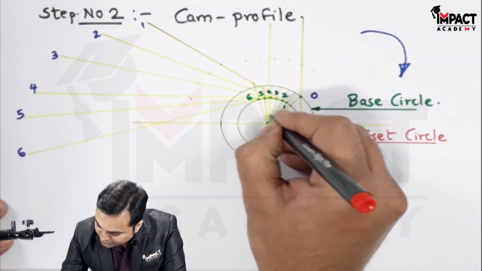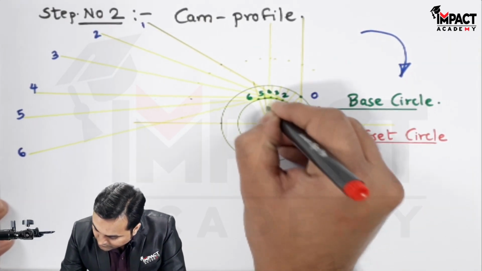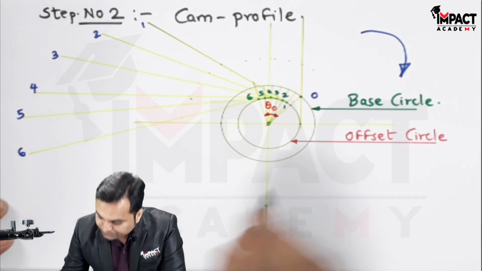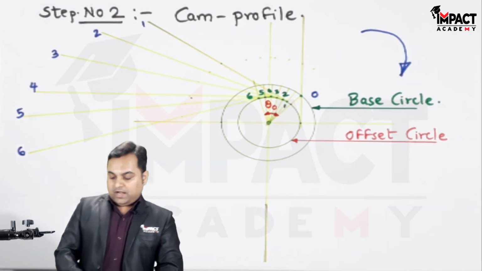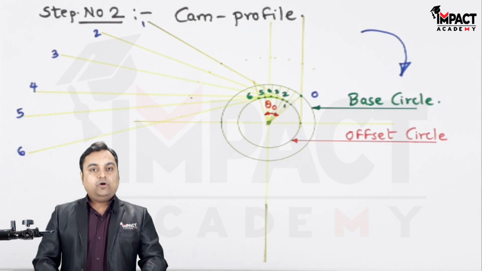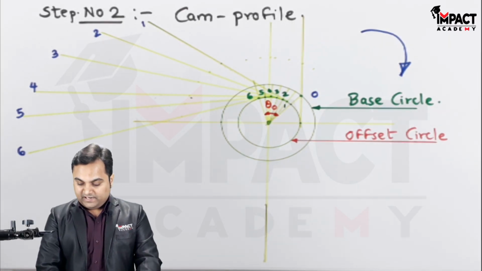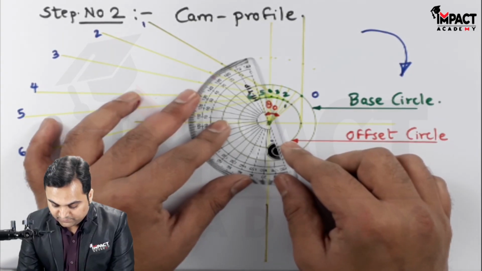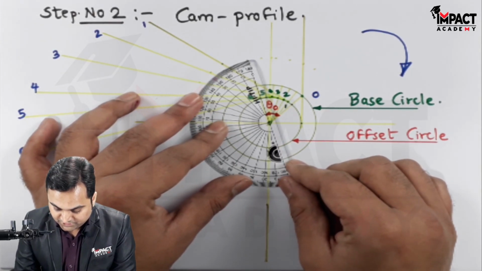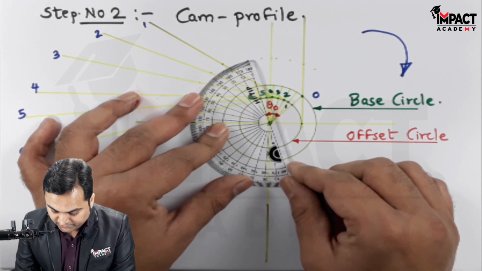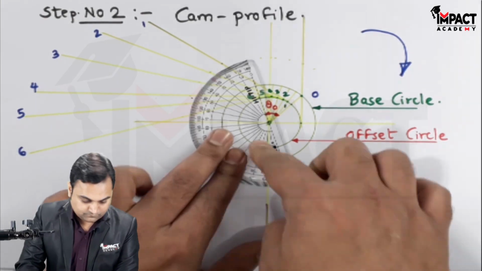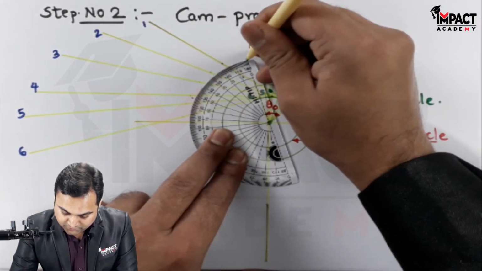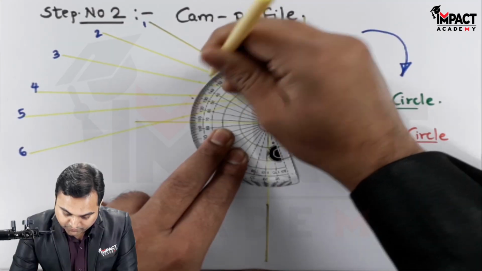I am mentioning here that this is theta out. Now after that there is a dwell of 30-degree. So where I have ended here measuring the angle of 60, from this same line I'll be measuring 30-degree. That will indicate the dwell, measuring 30-degree in an anti-clockwise manner.